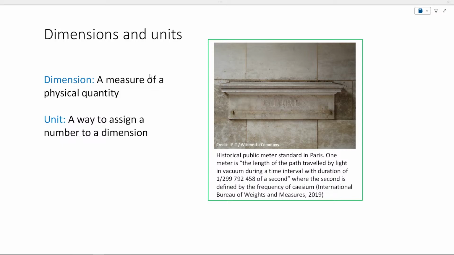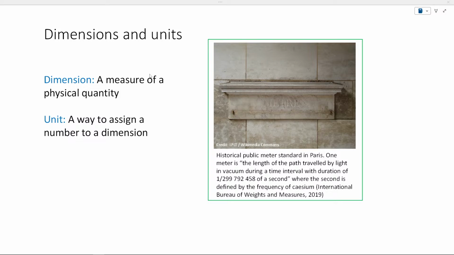What we are measuring is called a dimension, a measure of a physical quantity. And a dimension is just a measure of a physical quantity without a numerical value.